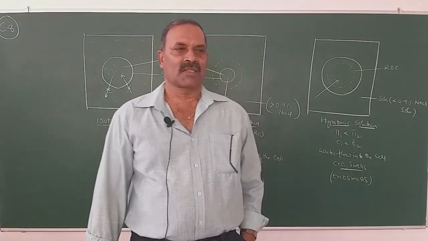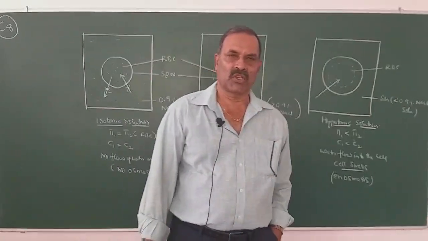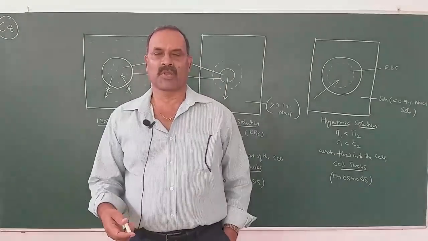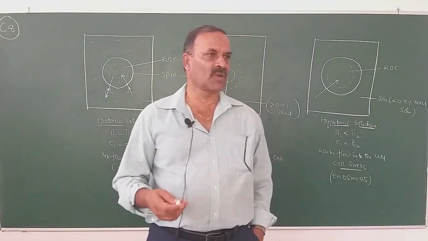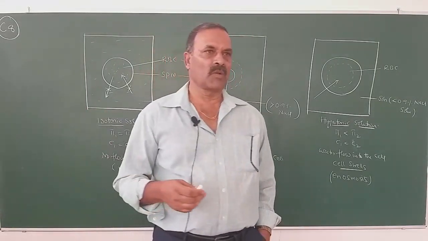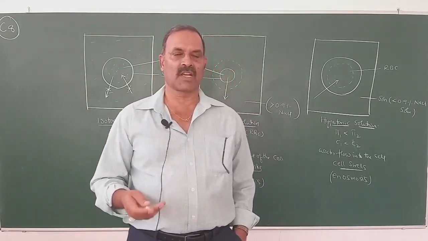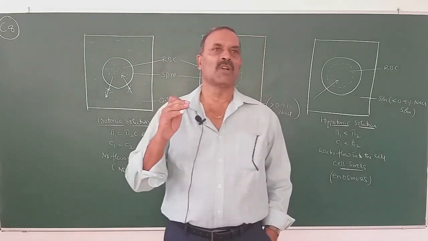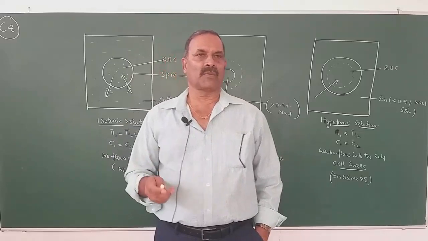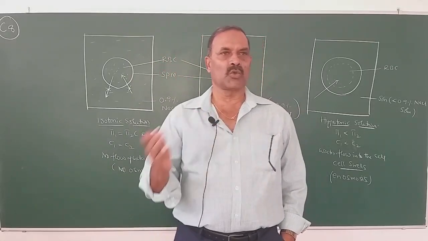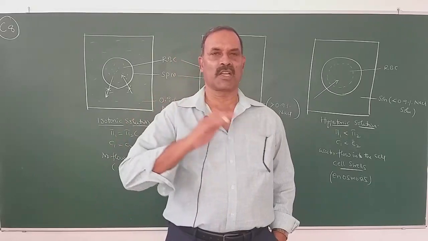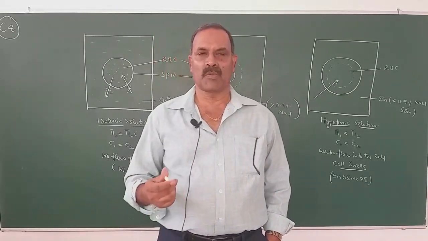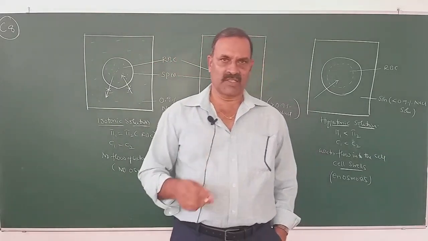So in the last class we were studying the fourth colligative property, namely the osmotic pressure. So we have learned what is a semi-permeable membrane, osmosis, osmotic pressure, etc. What is osmosis? The flow of pure solvent from the pure solvent side to the concentrated solution side, or from dilute solution to concentrated solution, through a semi-permeable membrane is known as osmosis.